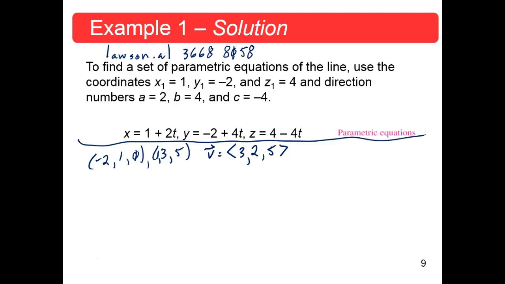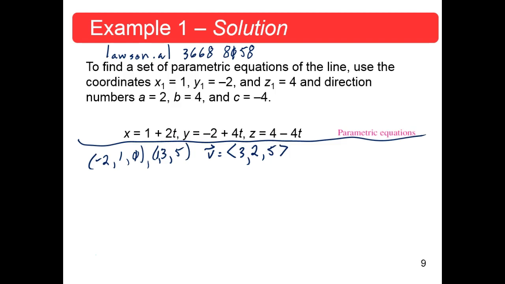Now, if you recall from before, once you have that vector, then you can use either one of the points to be your reference point. So maybe to go back and give you a little bit of an idea of the parametric equations.